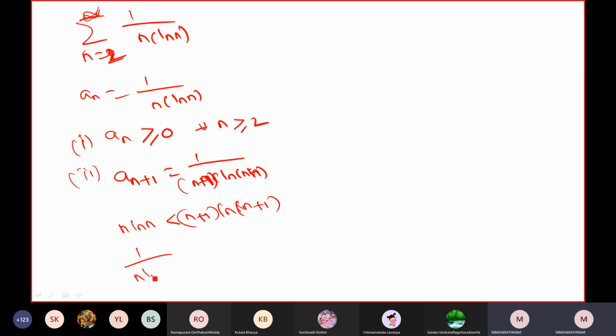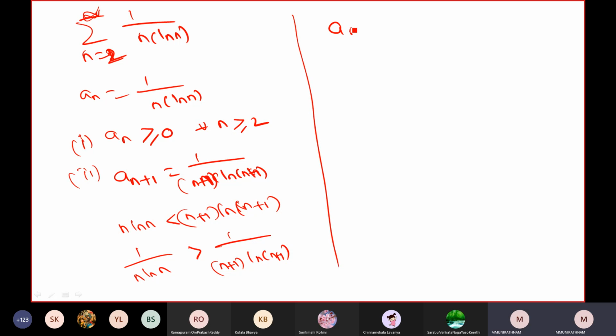So 1 by n into ln n is greater than 1 by n plus 1 into ln of n plus 1. So therefore an is greater than or equal to an plus 1. So therefore an is decreasing.